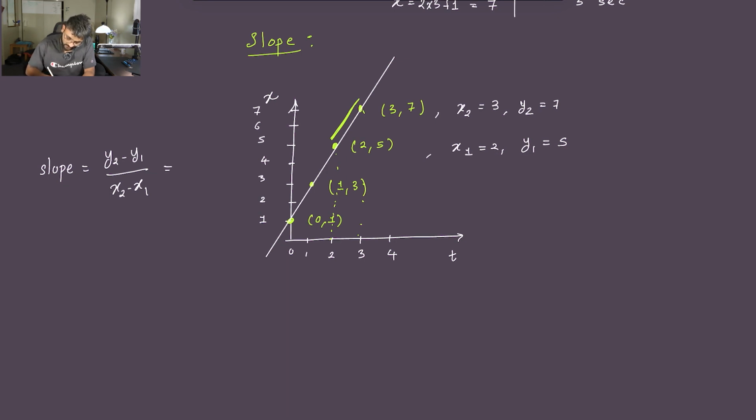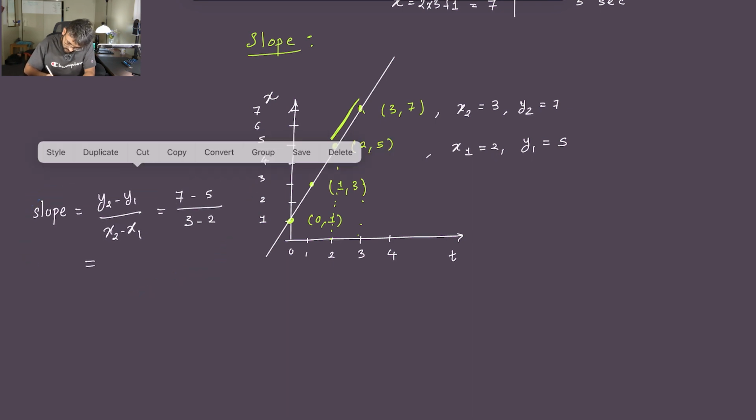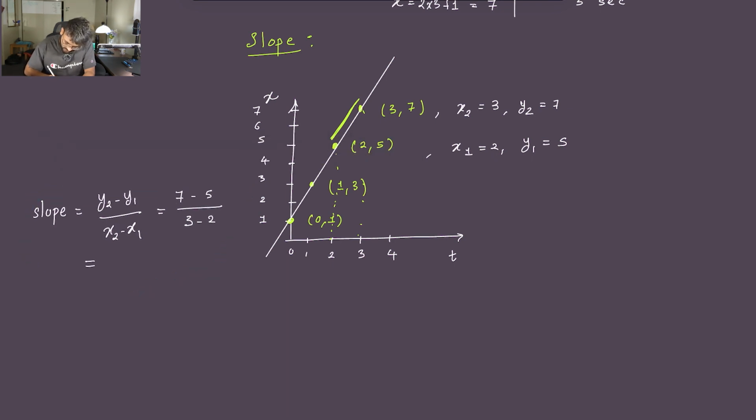So slope here will be just 7 minus 5 divided by 3 minus 2. This gives you slope equal to 2. So that is the slope between those 2 points, 2 comma 5 and 3 comma 7. So that's how you figure out slope.